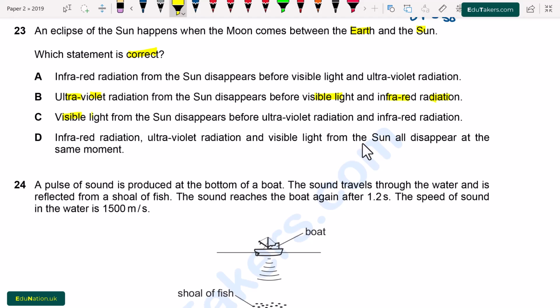C. Visible light from the sun disappears before ultraviolet radiation and the infrared radiation. D. Infrared radiation, ultraviolet radiation and the visible light from the sun all disappear at the same moment. So option D is correct. All of these radiations disappear at the same moment.